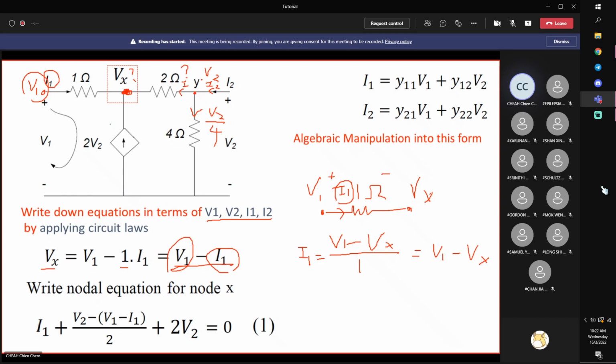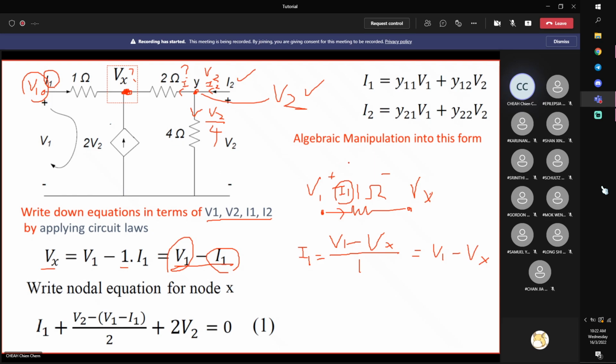This voltage is V2, and this Vx, current times 2 ohms. You can relate them, and you can also express your Vx in terms of V2 and I2. It's also possible, but more steps are involved. So I would say that this is easier. Just focus on this one.